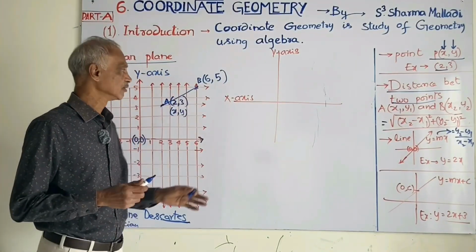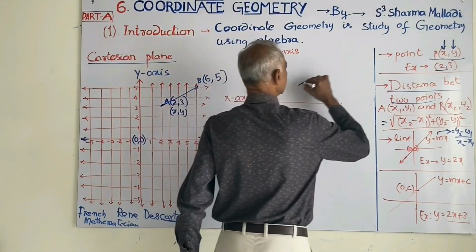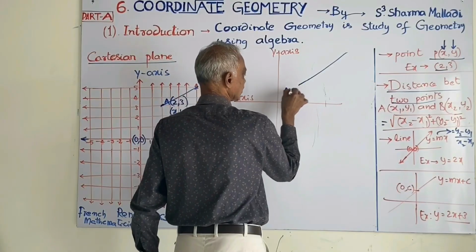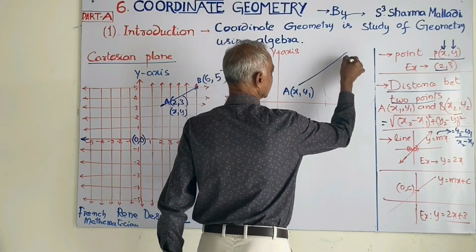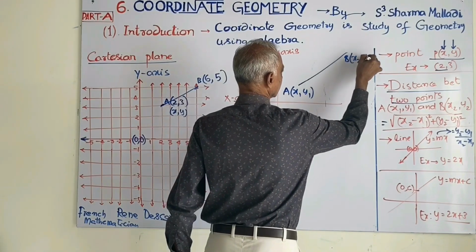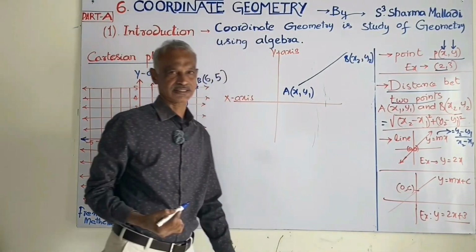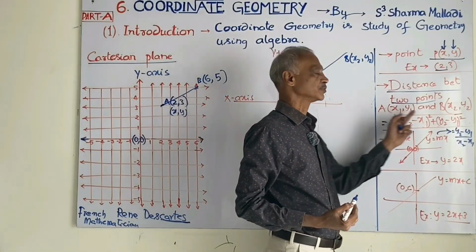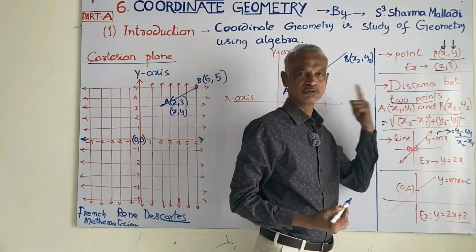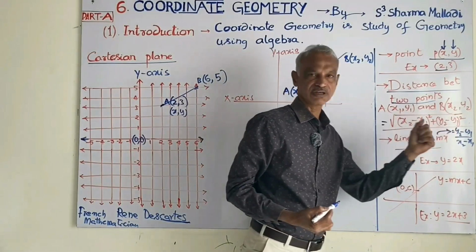Let us take, we will find out the distance between 2 points, that is x1 y1 and x2 y2. We have to generalize, that is we should get the distance between 2 points, root of x2 minus x1 whole square plus y2 minus y1 whole square.